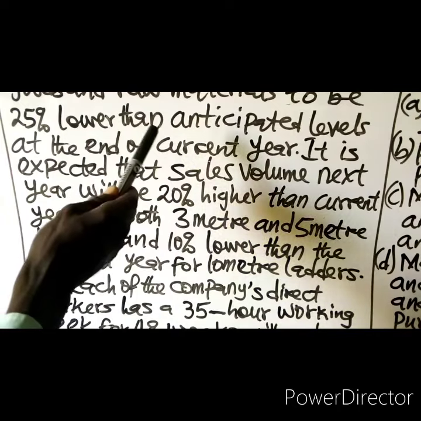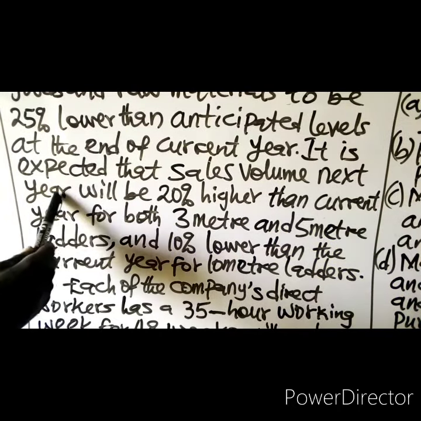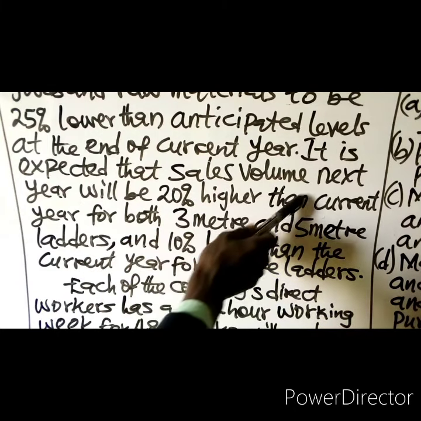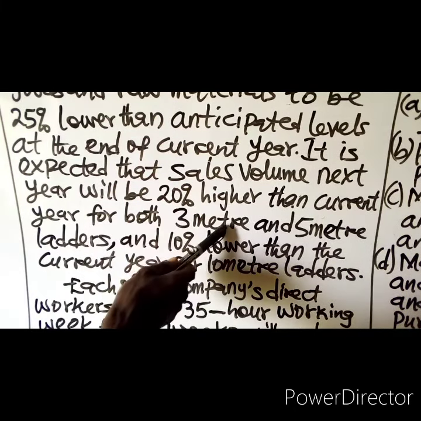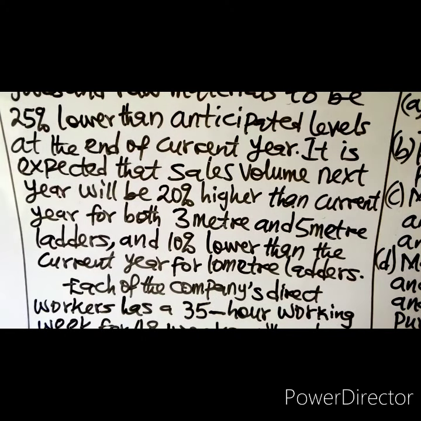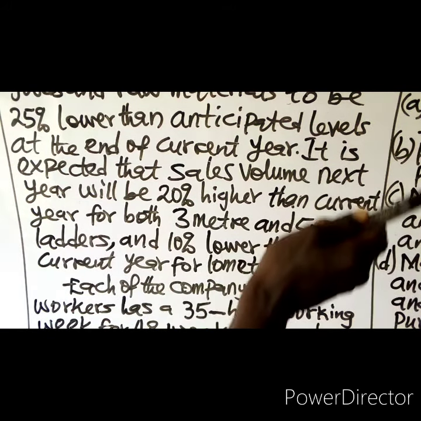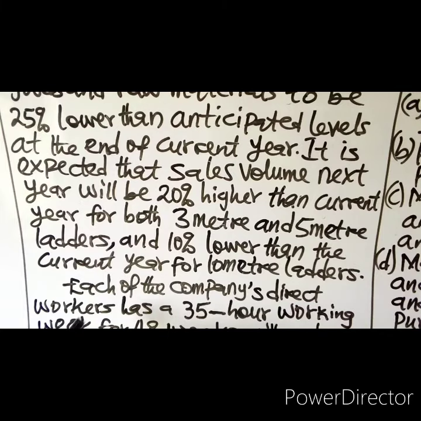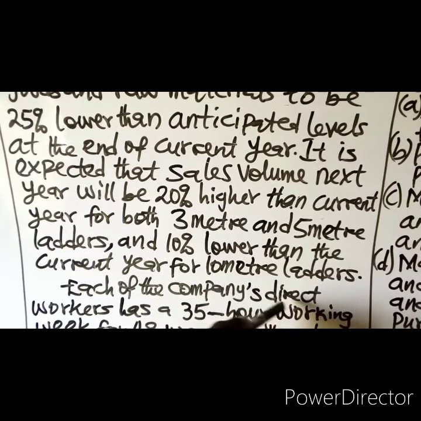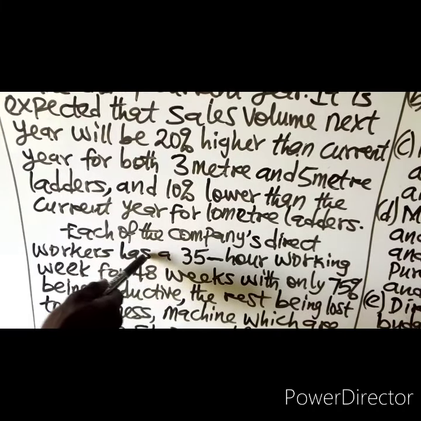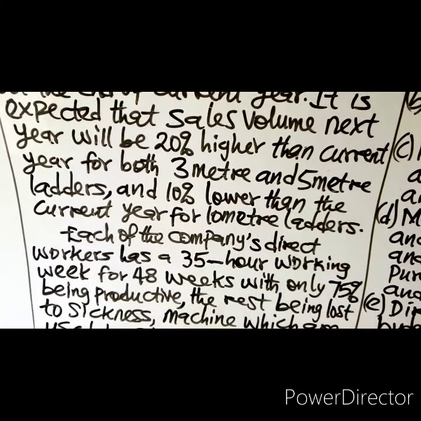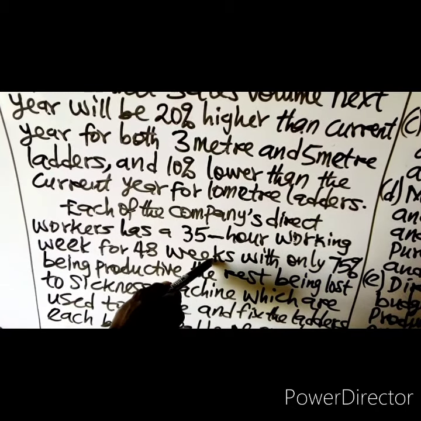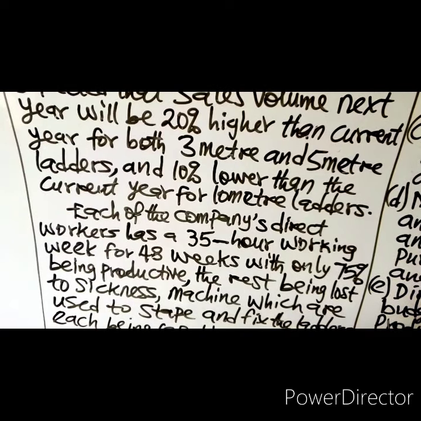It is expected that sales volume next year will be 20% higher than the current year for both 3 meter and 5 meter ladders, and 10% lower than the current year for 10 meter ladders. Each of the company's direct workers has a 35-hour working week for 48 weeks, with only 75% being productive, the rest being lost to sickness.